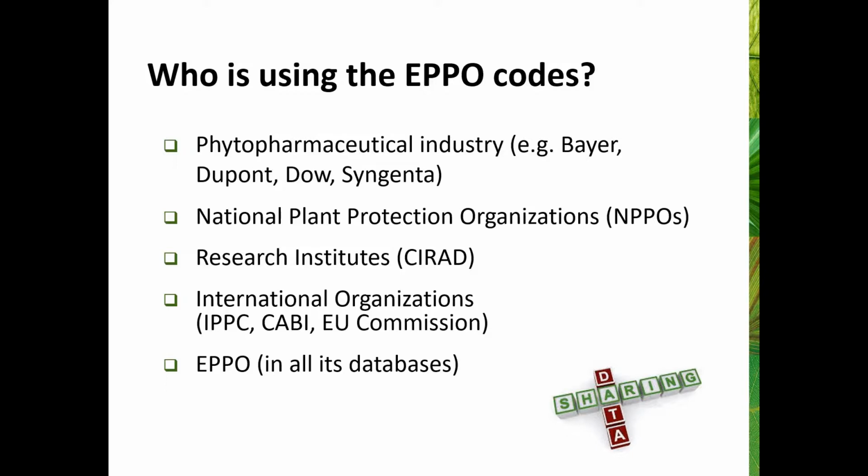The National Plant Protection Organizations, the Plant Protection Services, use the EPPO codes as well. Some research institutes or other international organizations like the Secretariat of the International Plant Protection Convention, CABI, and also the Commission. And last but not least, EPPO.